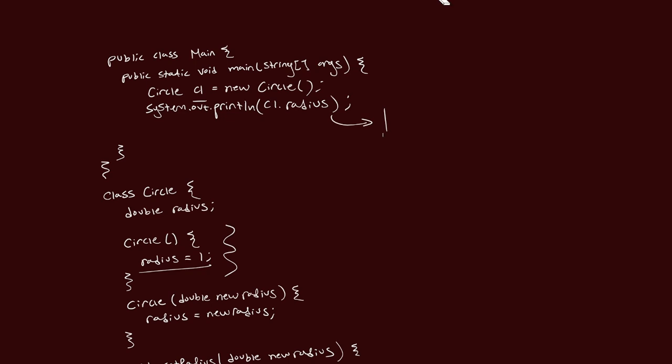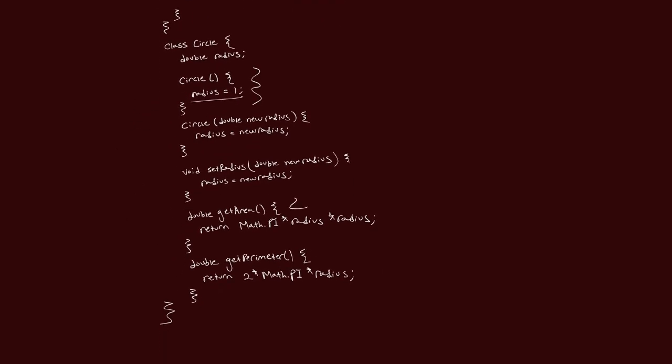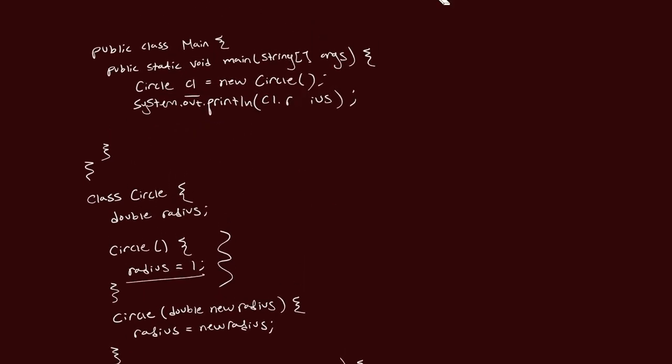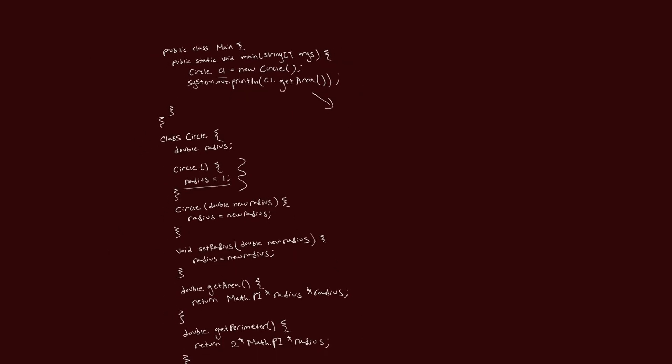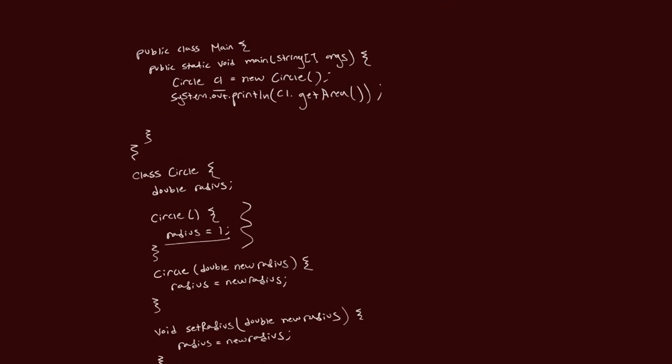Now let's say we want to see our area, so we want to see our getArea. We do c1 and call that method, so it'll be getArea and then close the bracket. Radius is right now 1, so it'll be pi times 1 squared. So it's just pi, or 3.14159, and a bunch of other decimals.